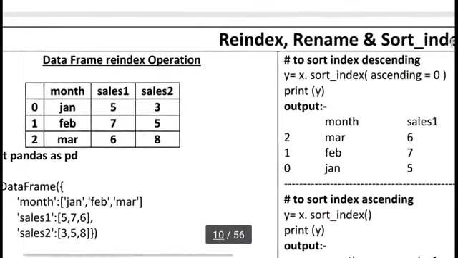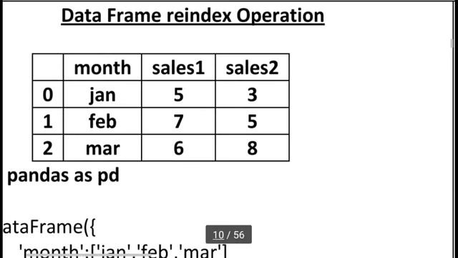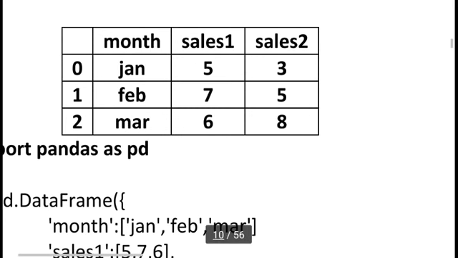You can see I am taking one example, a data frame with month Jan, Feb, March, sales1 and sales2, with values 5, 7, 6, 3, 5, 8, and 0, 1, 2 is our index which represents each and every row. Month is our first column, sales1 is our second column and sales2 is our third column.